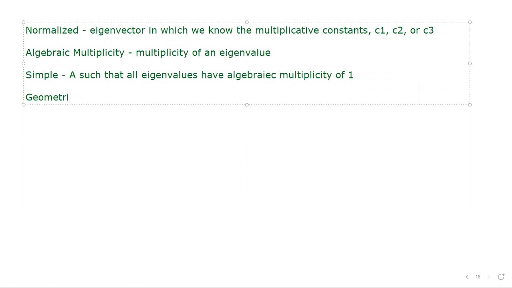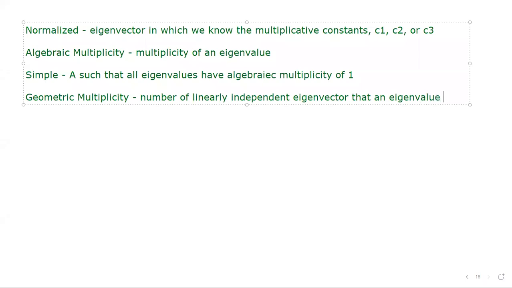Our geometric multiplicity is the number of linearly independent eigenvectors that an eigenvalue has.